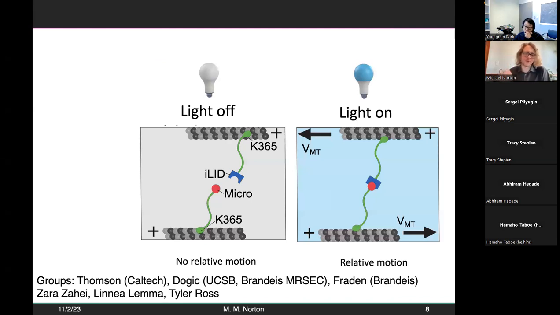These are proteins that were genetically modified, taken out of plants by Matt Thompson's group at Caltech. When you attach them to the motor proteins, you have a system with a sort of light-activated clutch. The motors are always wanting to walk along the microtubules, but they only create stress in the material when they're bound together, and that only happens in the presence of light.